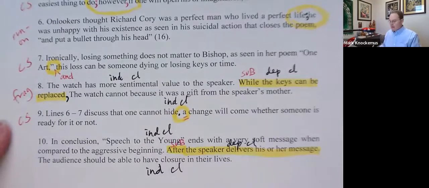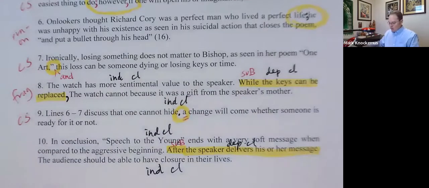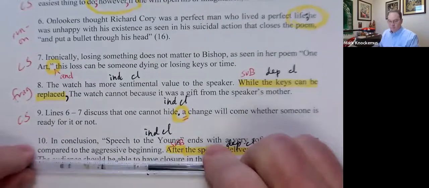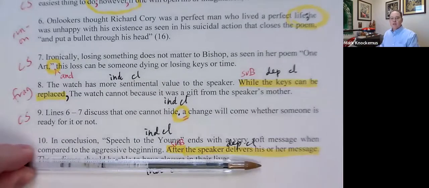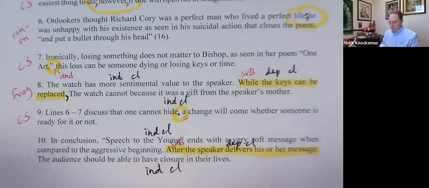we have to decide what's going to happen here. So I'm going to cover up. In conclusion, speech to the young ends with a very soft message when compared to the aggressive beginning, after the speaker delivers his or her message. Let's check the other half.